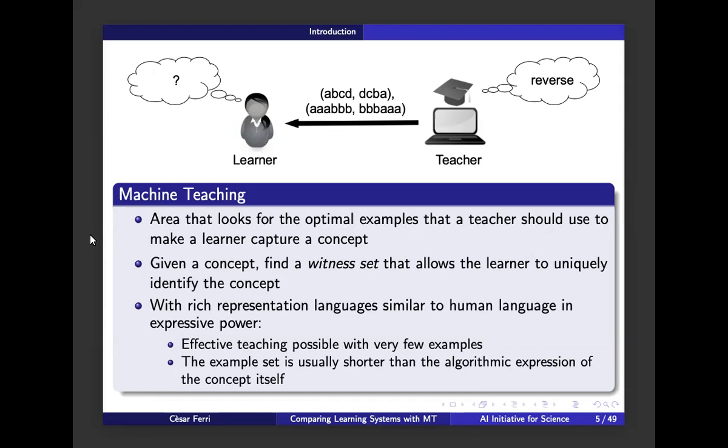For instance, we are able to find effective teaching with few examples. We have also found that the example set is usually shorter than the algorithmic expression of the concept itself. This is the key concept of the selection of the examples.